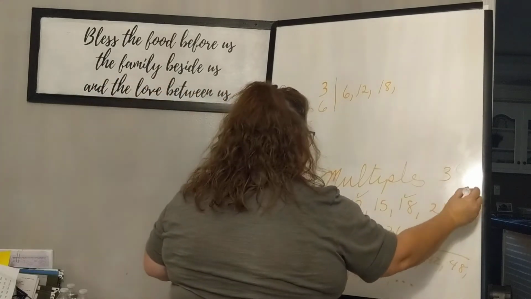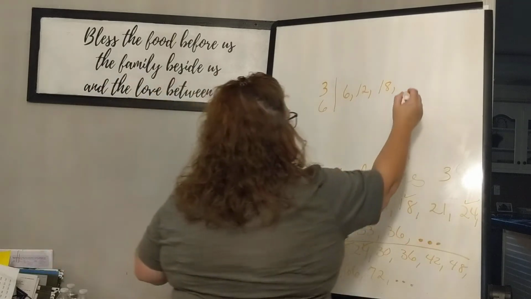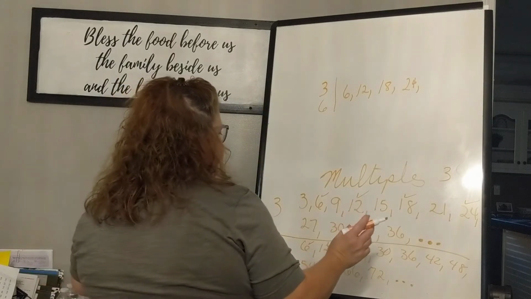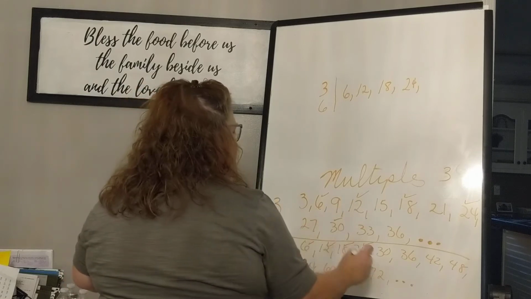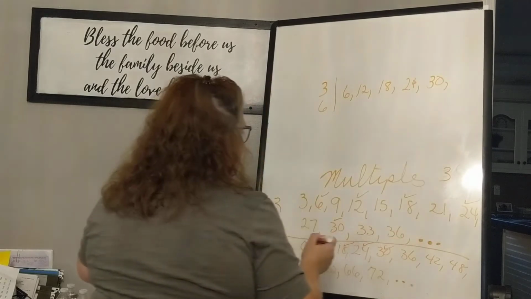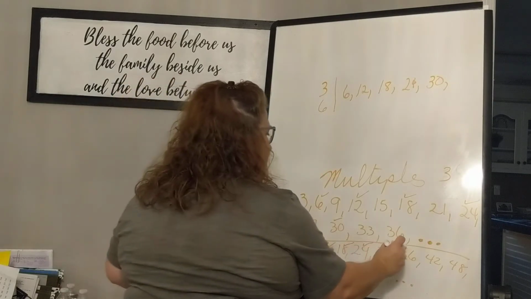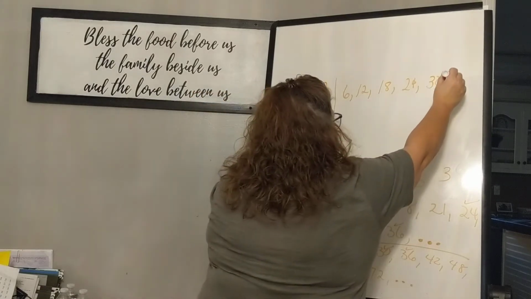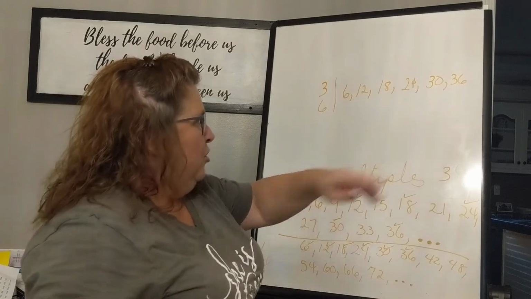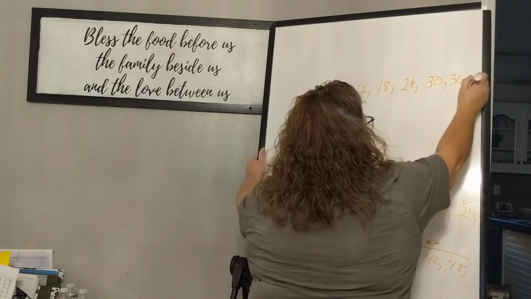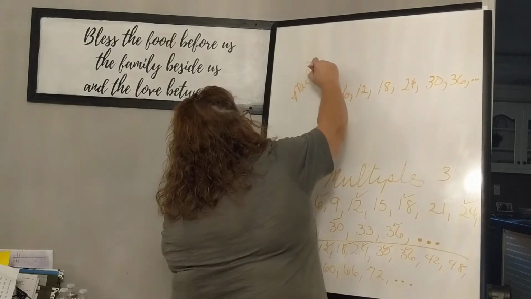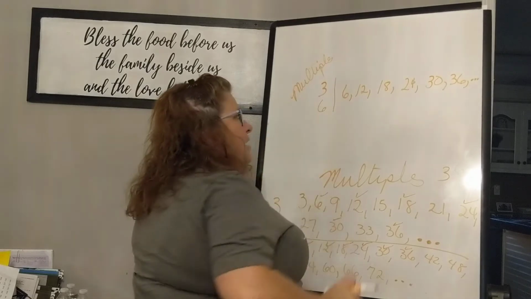A 24 and a 24. A 30 and a 30. A 36 and a 36. There are way more multiples coming down the road, so I will put a comma, dot, dot, dot. These are my common multiples of 3 and 6.